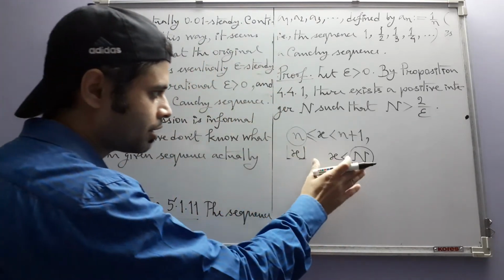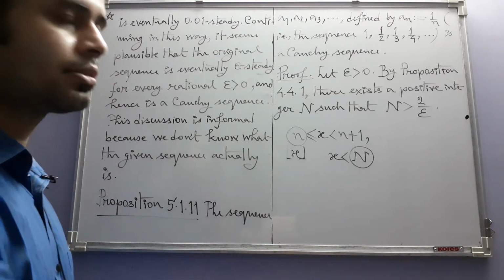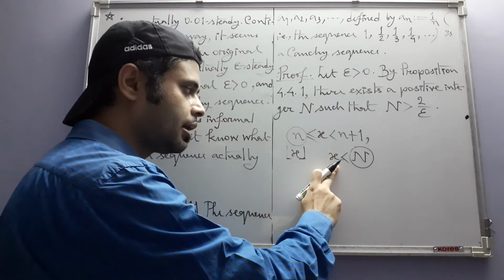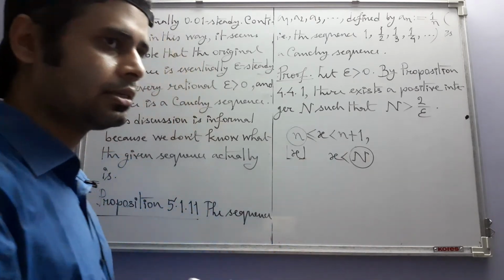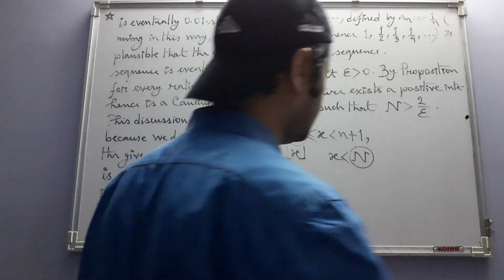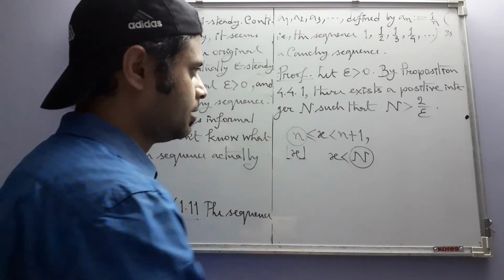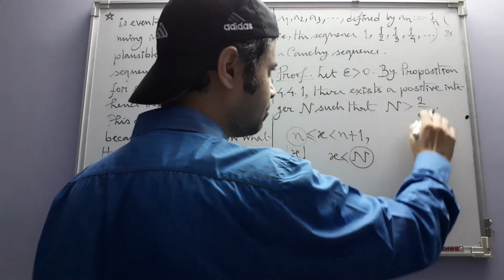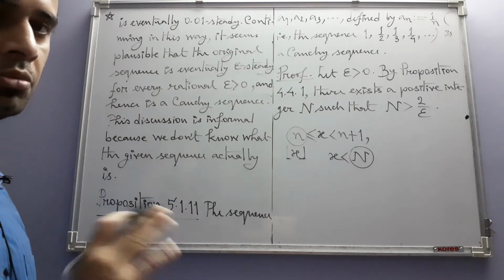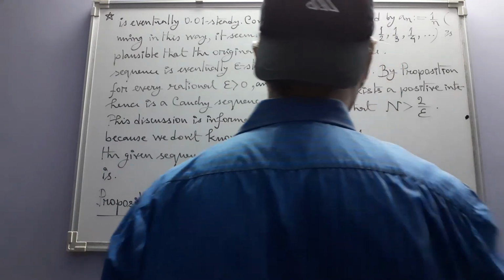And this part of the proposition made us conclude that there is no largest rational number. If you choose a rational number, no matter how large it is, you can always find a still larger positive integer, which is also a rational number. So it is this conclusion that we are using here. Now in place of x, here we have 2 divided by epsilon. Why exactly 2 divided by epsilon, that you will understand soon. Okay, so we now have something like this.